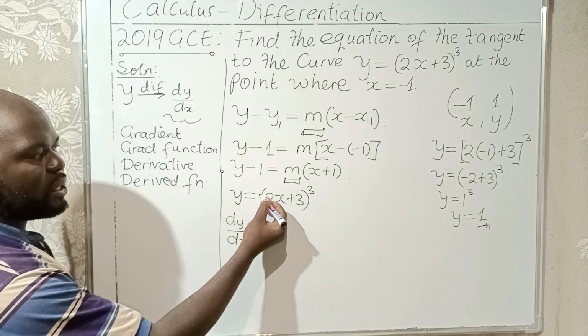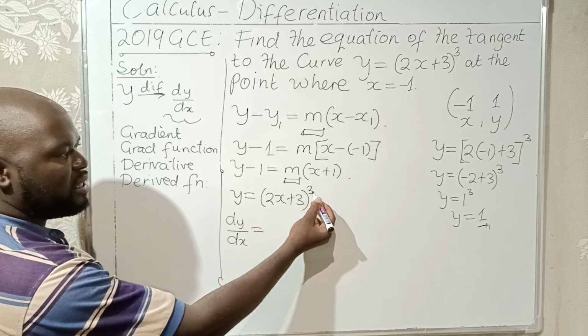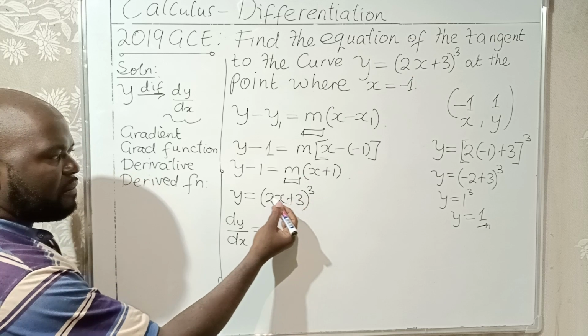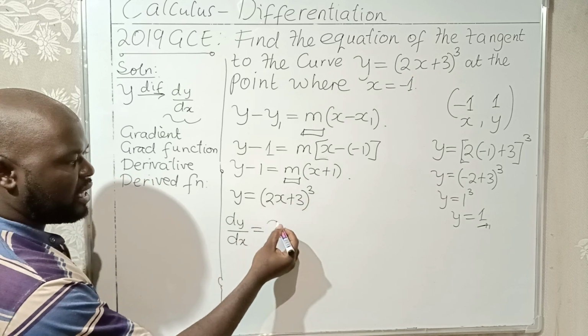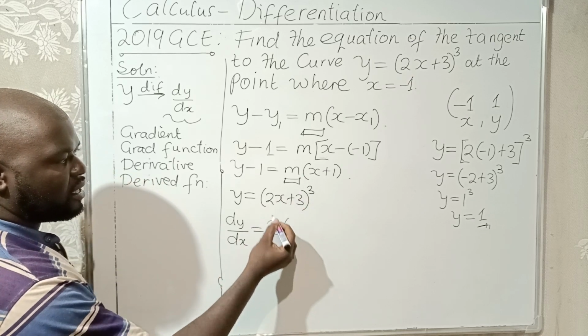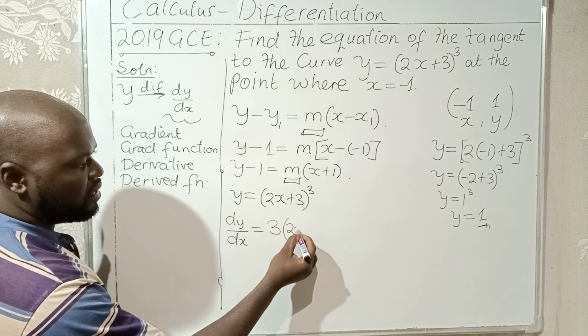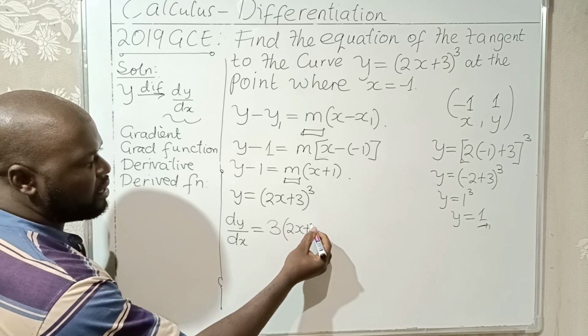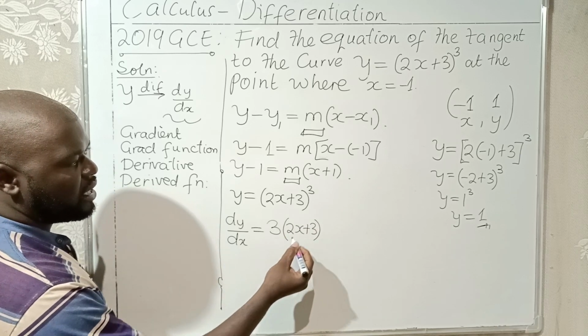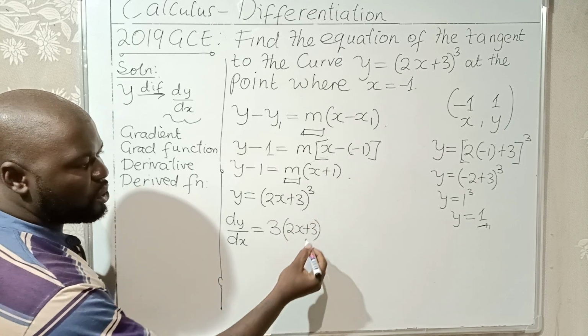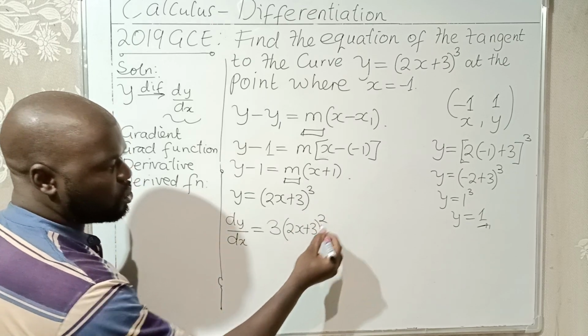We know the coefficient is 1, so we say 3 by 1, we get 3. Then what is in brackets will remain the way it is, and the index will reduce by 1, so it will be 2.